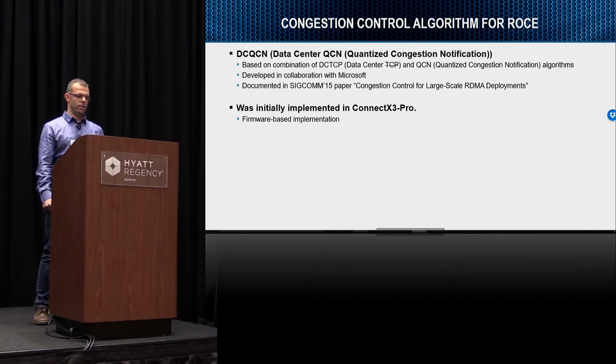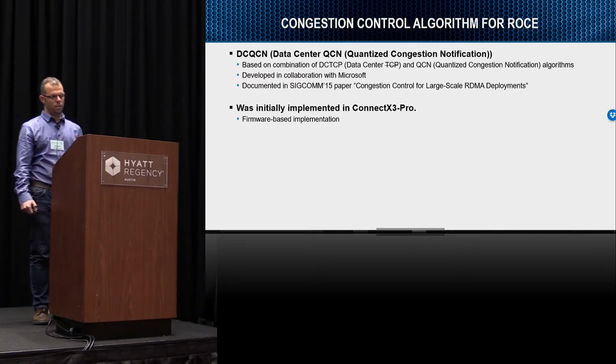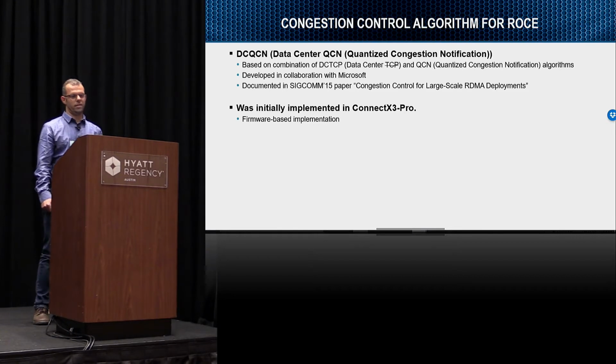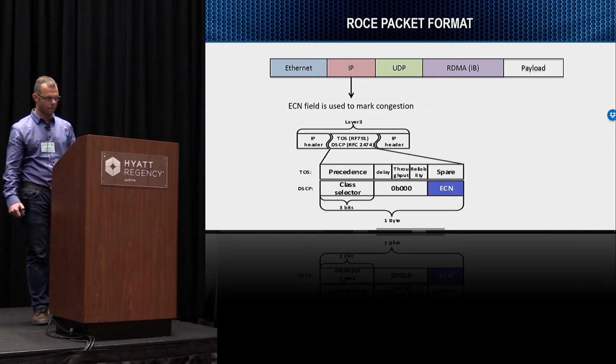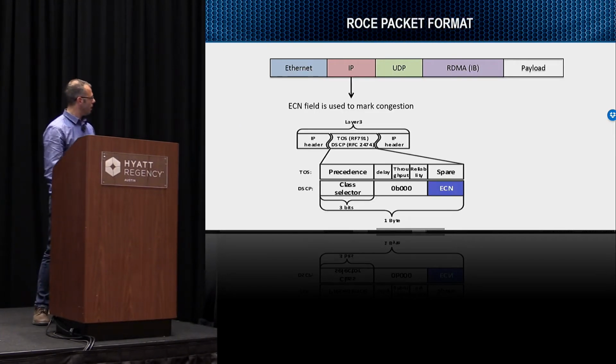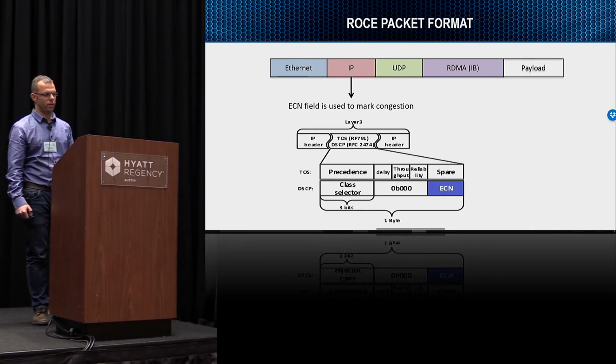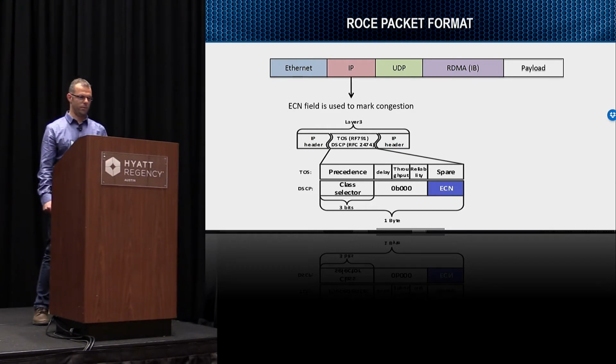This algorithm was developed in collaboration with Microsoft, and its details were published in a paper at the SIGCOMM conference in 2015. It is also initially implemented in ConnectX-3 Pro cards, but it is a firmware-based implementation. In the next slides, I will briefly explain how this algorithm works system-wide.